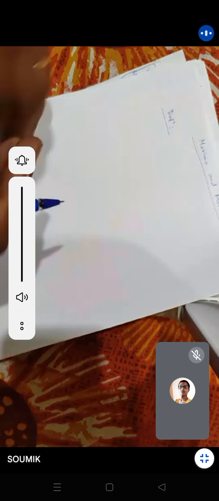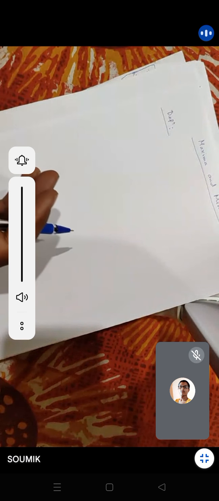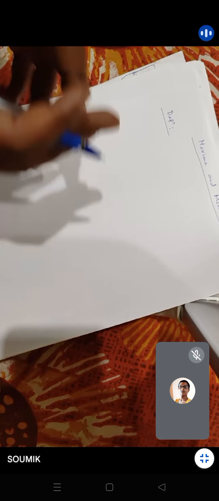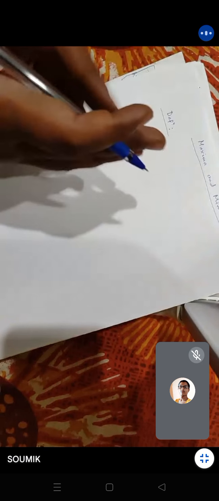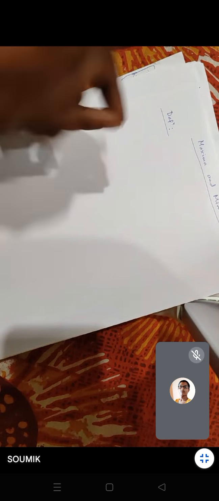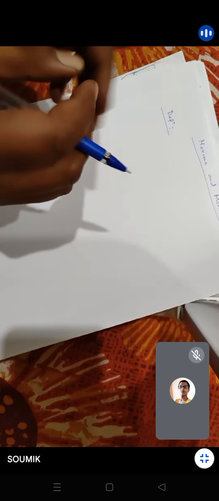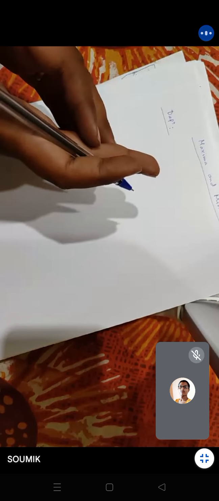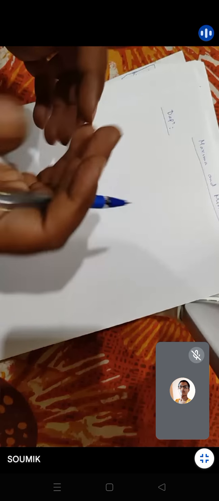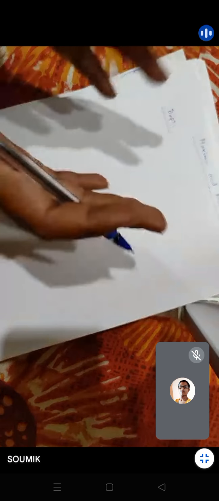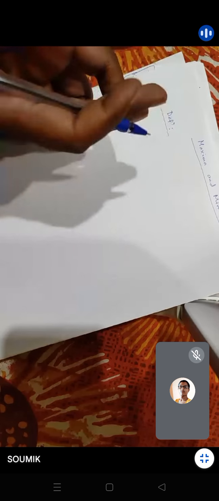Okay, so in calculus, the term maximum is used in two senses.